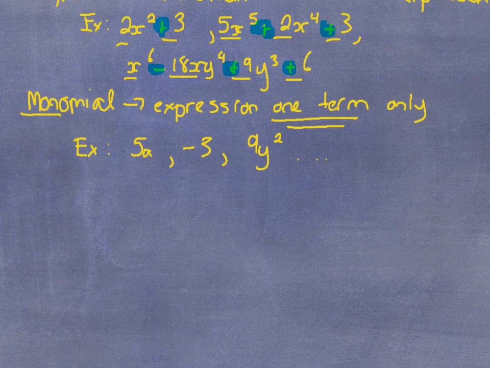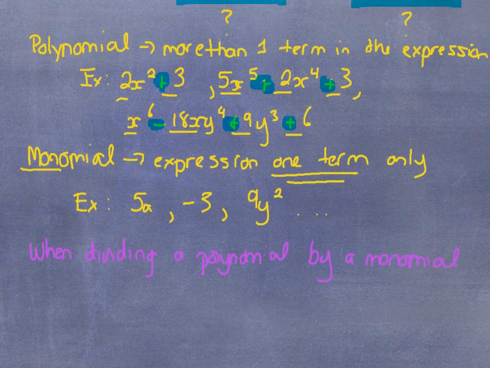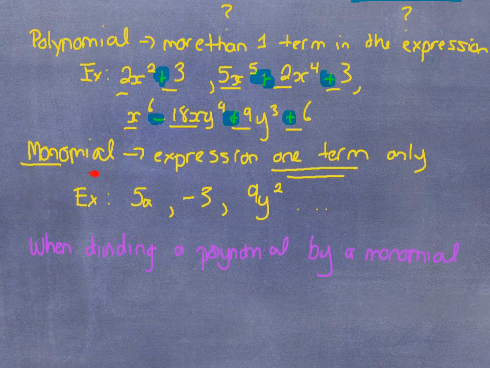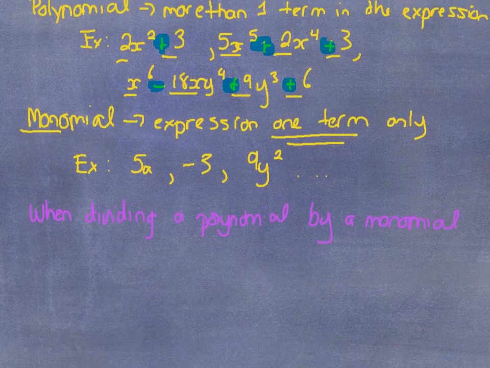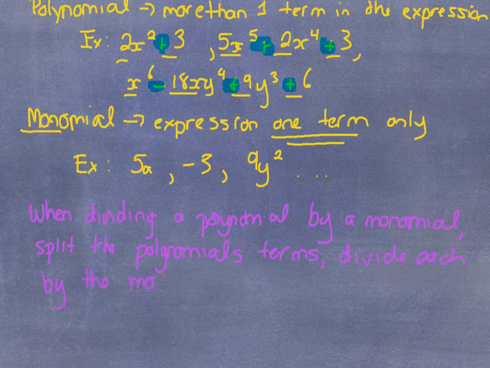Okay, and the general rule that I'm going to write out for you is: when dividing a polynomial by a monomial, so basically what I showed you at the top versus what I showed you at the bottom, so dividing something like this over this, split the polynomial's terms and divide each by the monomial.